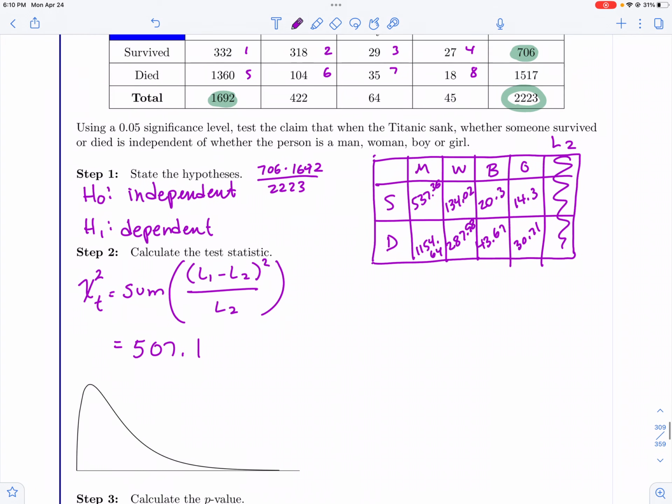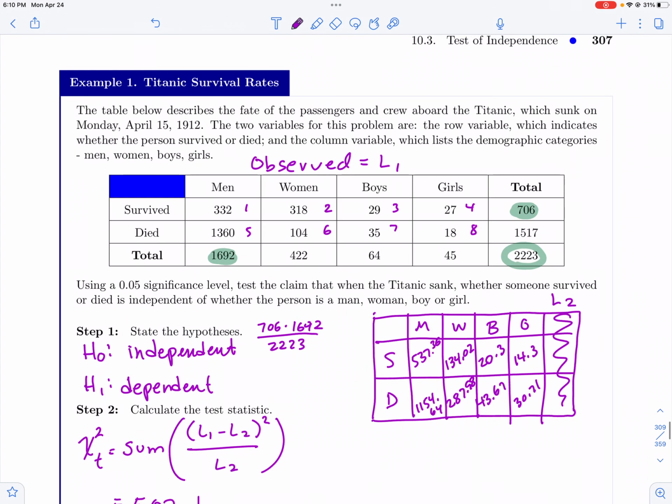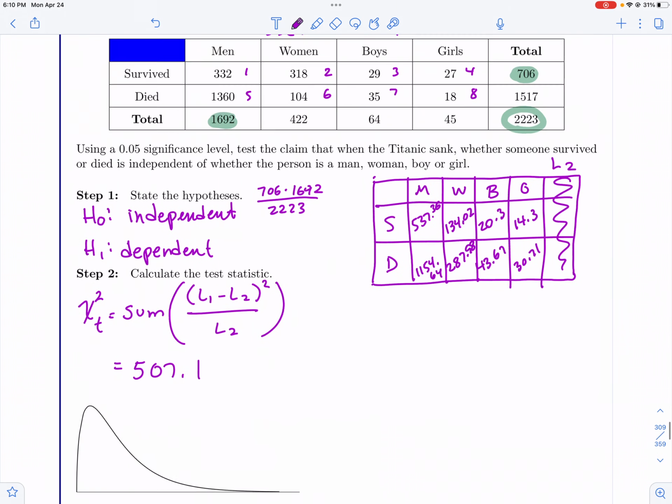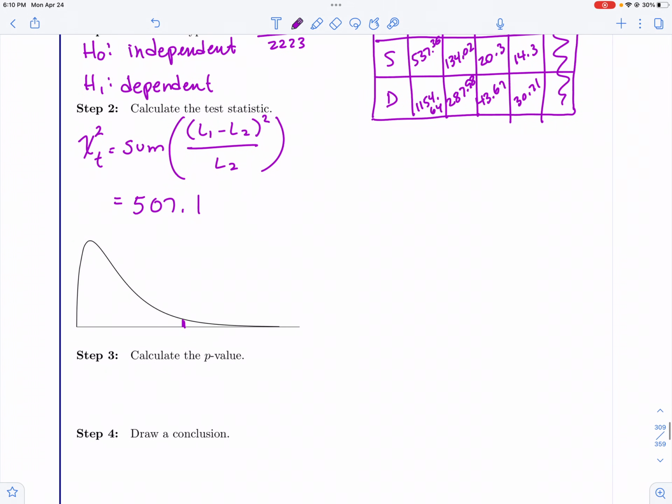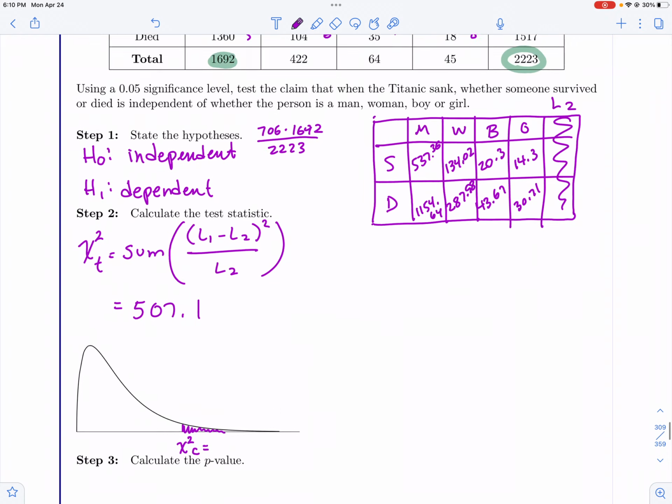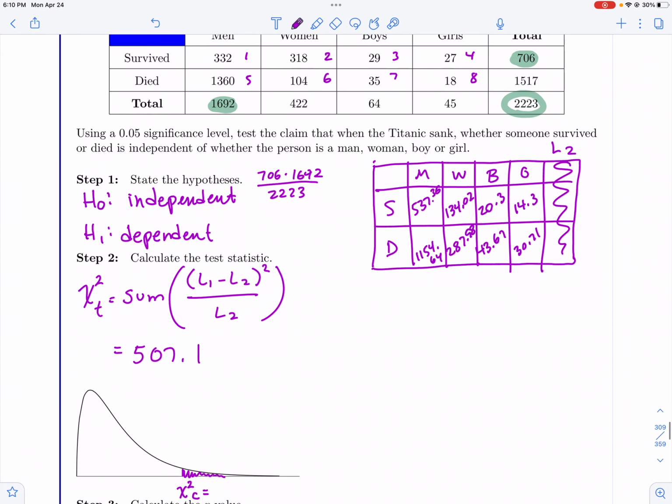And so with this guy, our alpha is given, so it's going to be 0.05. So we want to figure out what our chi-squared sub c is here. We're going to have to use our table, but we do need to know our degrees of freedom. Since our rows is 2 and our columns is 4, then our degrees of freedom is going to be 1 times 3, which is just going to be 3.